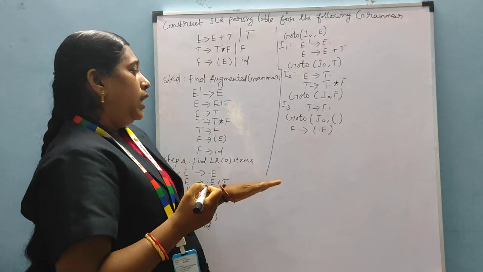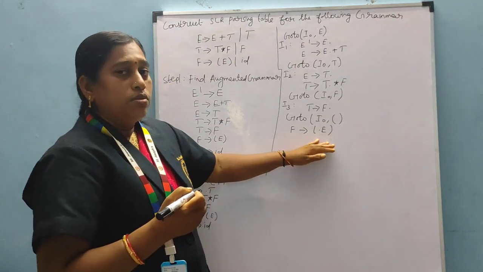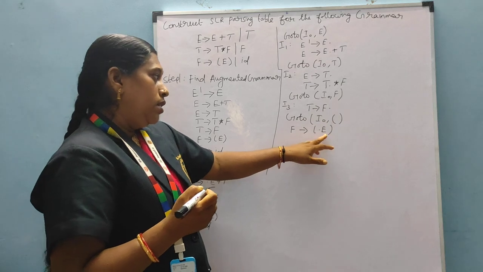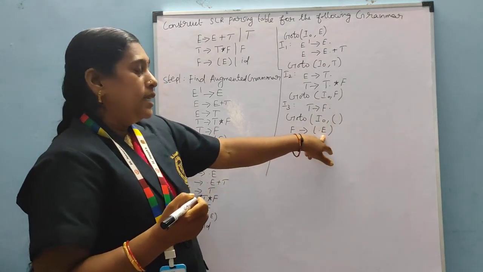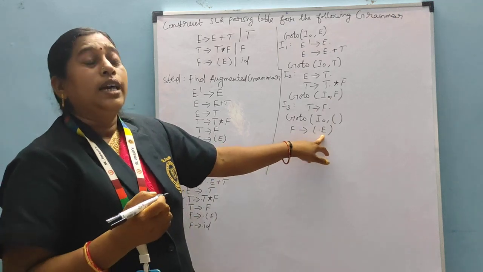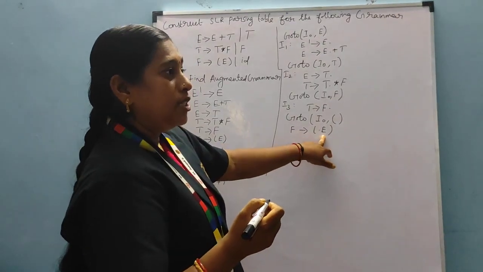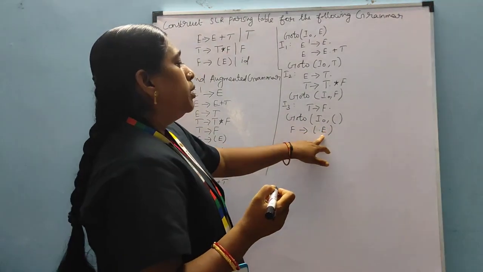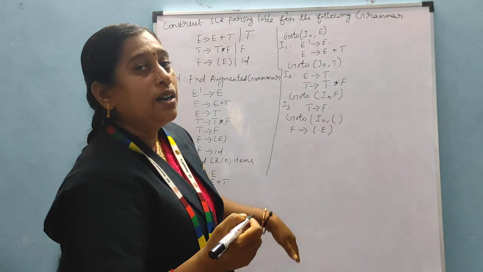See, while we are moving here, after the movement of the dot, it contains a non-terminal E. In the sense, whatever non-terminal will be present, that non-terminal's productions have to be added from the I naught state.